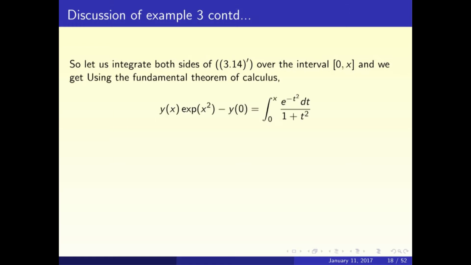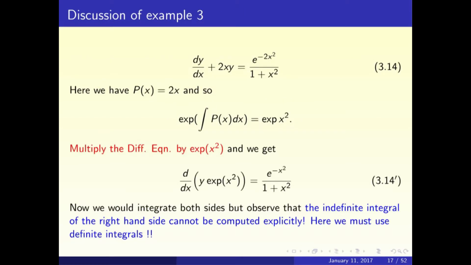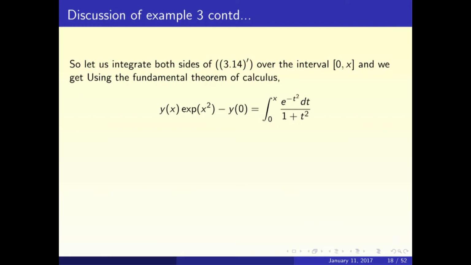And what do you get? Use the fundamental theorem of calculus. When you integrate a derivative, you're integrating d dx of y e to the power x squared. So what do you get? You will get y e to the power x squared minus the value at 0, y of 0. The right hand side is the integral from 0 to x of e to the power minus t squared dt upon 1 plus t squared.